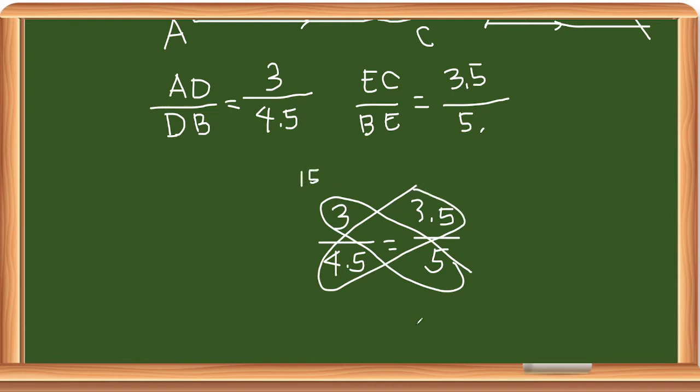Okay, it's okay if you don't have the exact, i-approximate na lang natin, no? So 3.5 times 4.5 is 15.75.